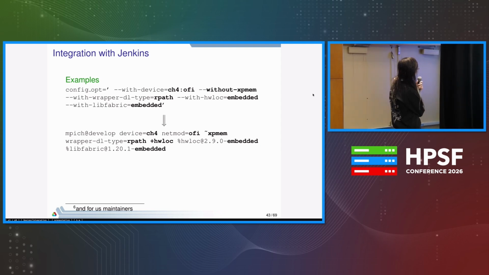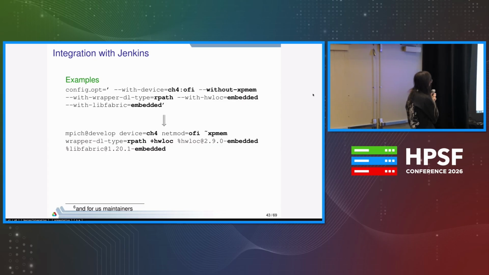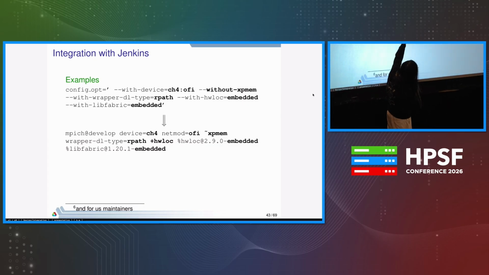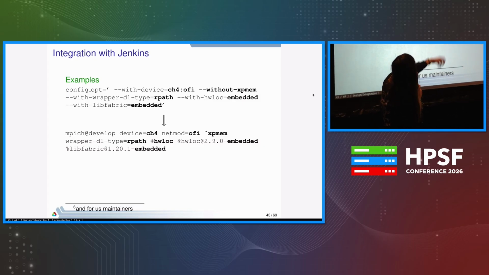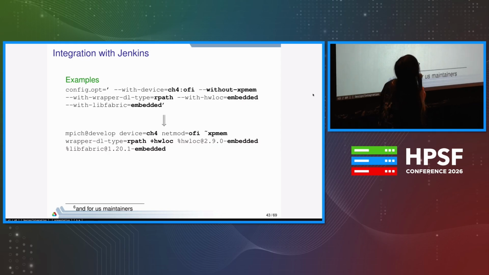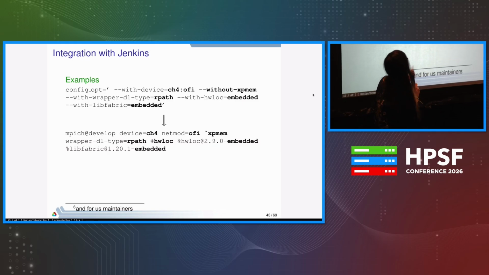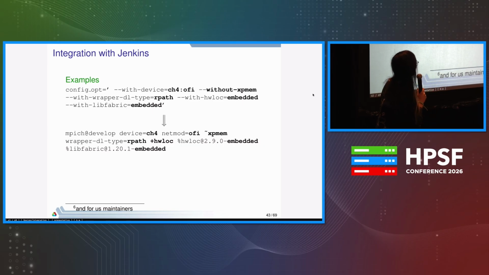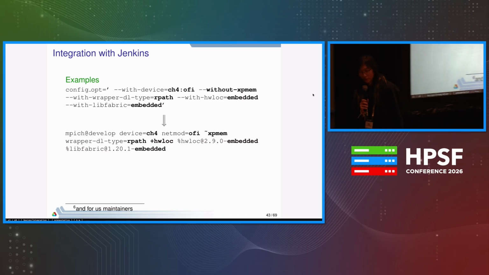And it follows a very consistent pattern as well. Apart from the device being separated out into 2 Spack variants, we have the XPMEM one end up being a binary feature flag, we have wrapper DL type end up being a multi-option variant, we have hwloc as a binary variant as well, and then we also have the explicit dependency declarations as well.